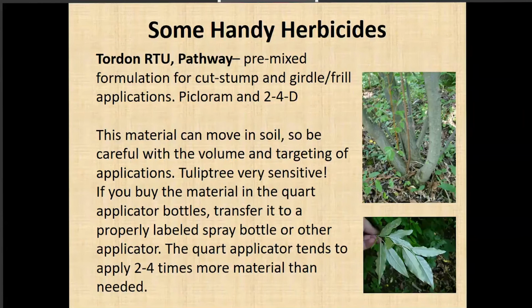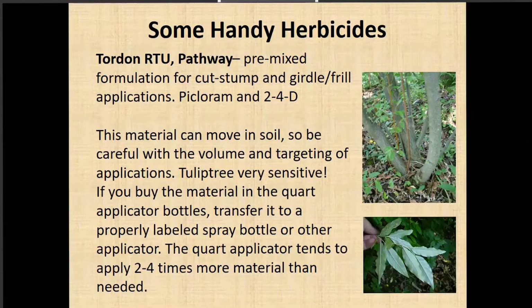You could get unintended consequences for other species that you don't want to control, simply because of the soil movement and the longevity of this material on the site. In small doses, no problem, very effective. With one exception, tulip tree or tulip poplar is very sensitive to this particular material, and I've seen this personally.